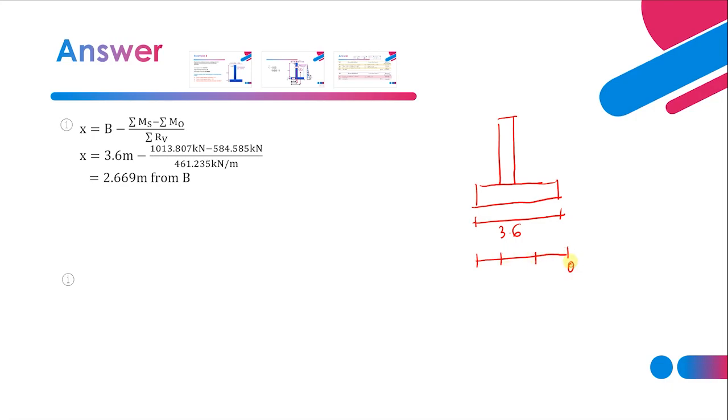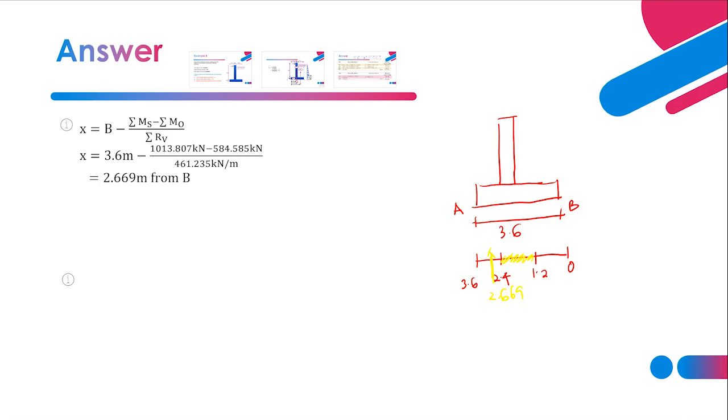Zero must be from B. 1.2, 2.4, 3.6. You get 2.669, which means it is outside the middle third, because this is inside the middle third, right? So 2.669 is already outside, around here. So 2.669 is outside the middle third.